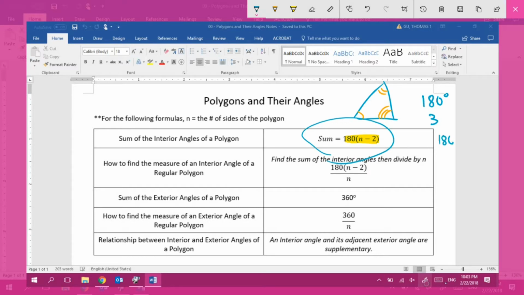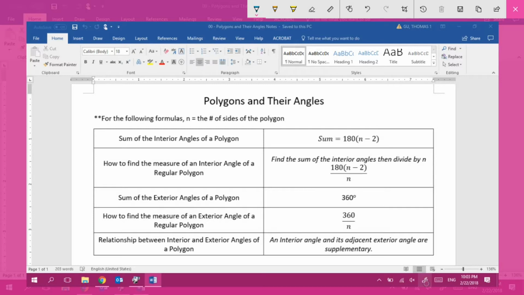So for a triangle, 180 times 3 minus 2, that's 180 times 1 equals 180. Exactly what we already know. This formula always works with different polygons as well, even for a square.